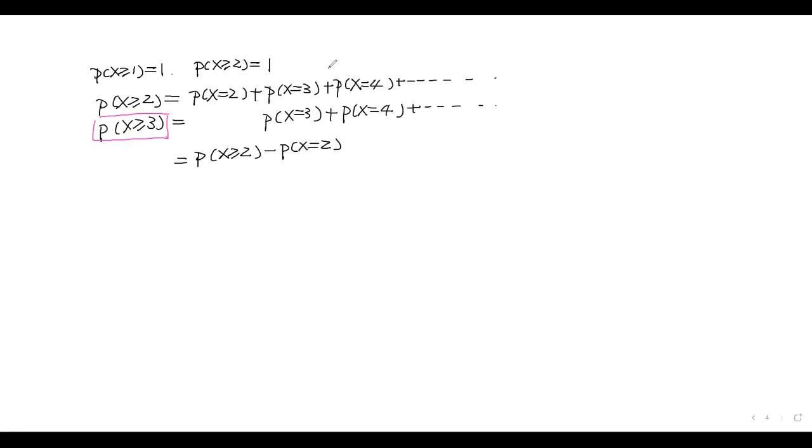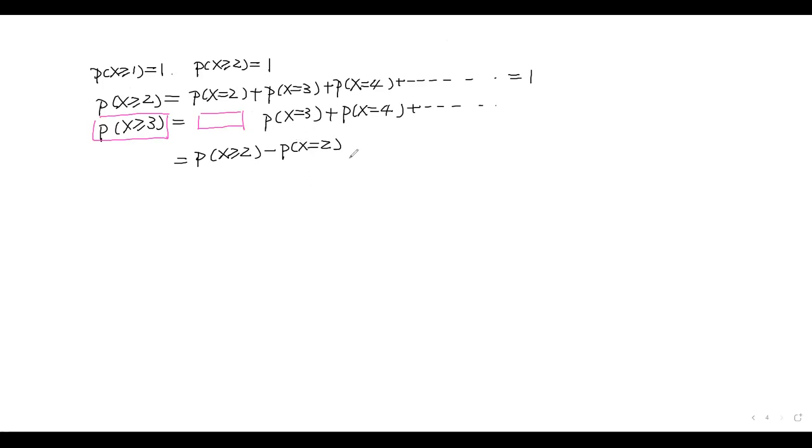The only difference is these numbers. And we know the first is equal to 1 because all the random variables start from 2, 3, 4, 5.